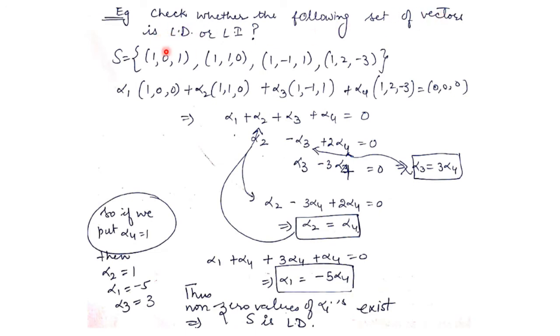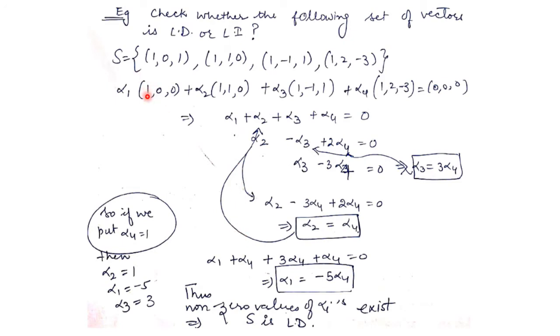Check whether the following set of vectors is linearly independent or dependent. So now we are given a set having these four elements. So you take its linear combination, equate it to be the null vector. You will get equations from here. Okay, simplify these equations.